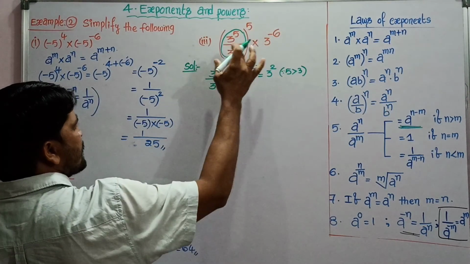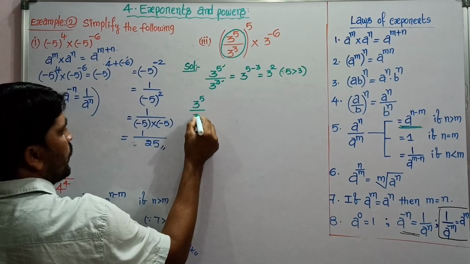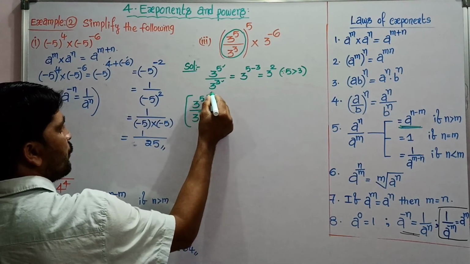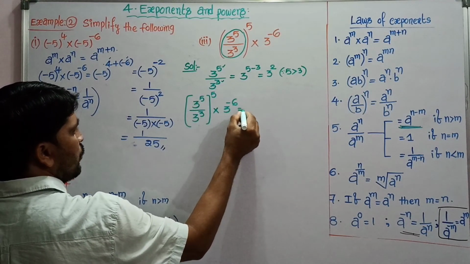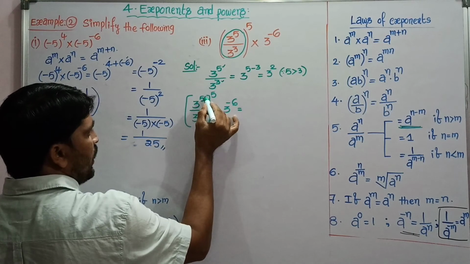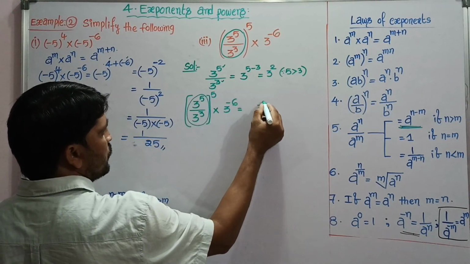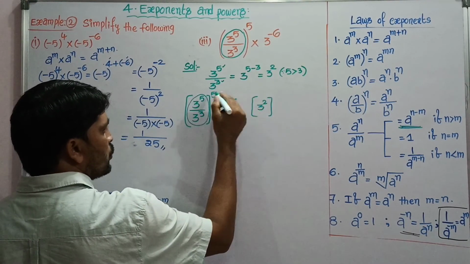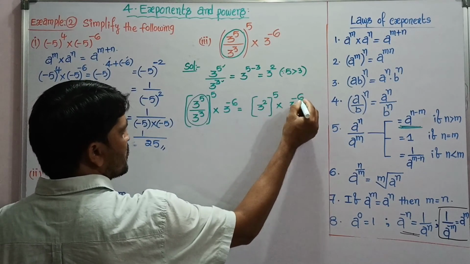Now consider the whole expression, (3^5 over 3^3) whole to the power 5 into 3^(-6). The value of the inner expression is 3 square. Substitute, we get (3^2) whole to the power 5 into 3^(-6).